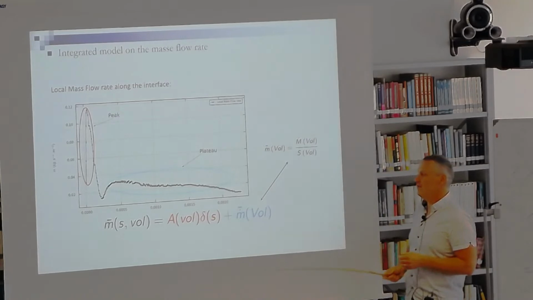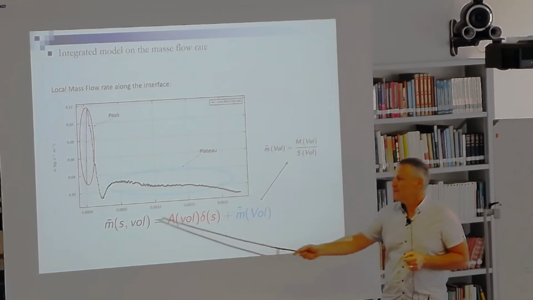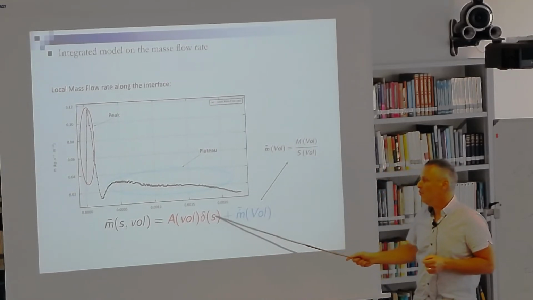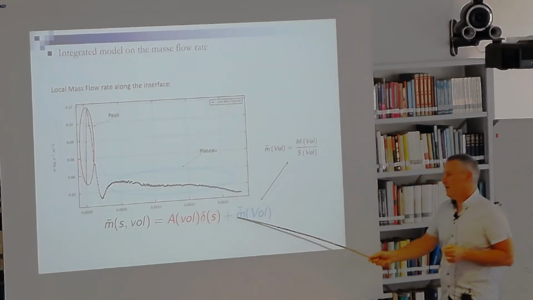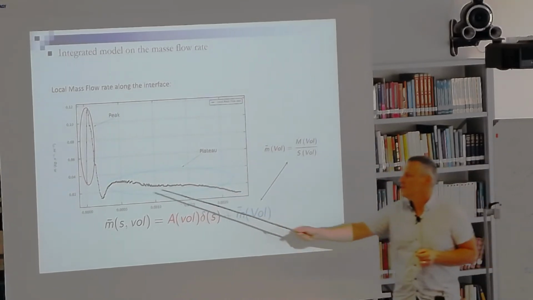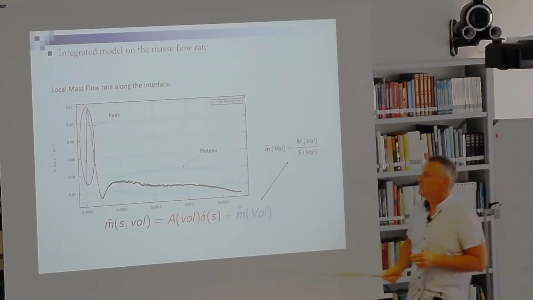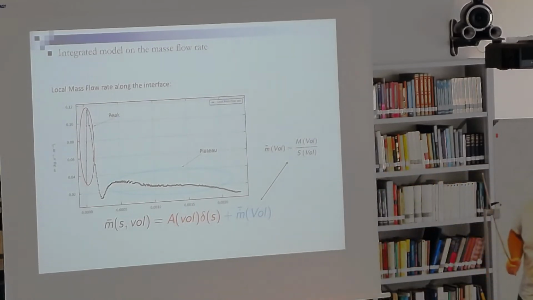So we can define a simple model where the boiling mass flow rate depends on a peak, which is this one, and a kind of plateau, which will appear all along the interface. The abscissa is along the interface, the curvilinear coordinate.